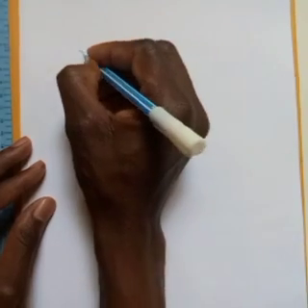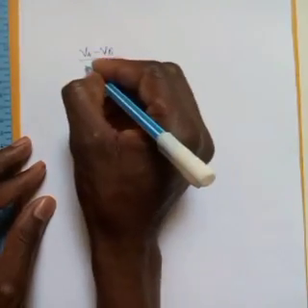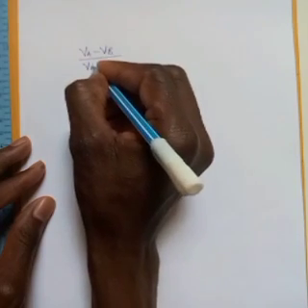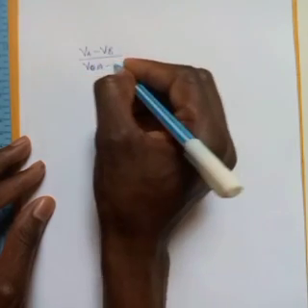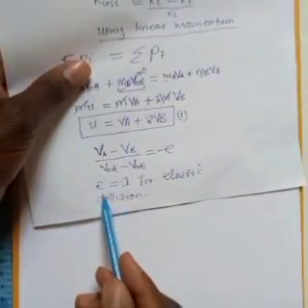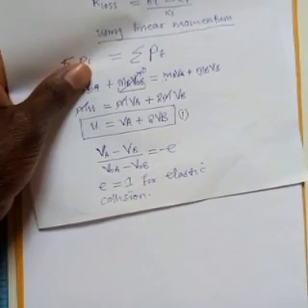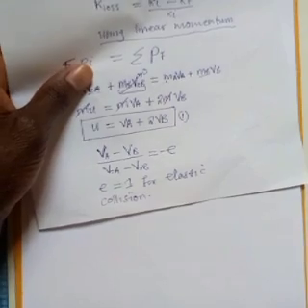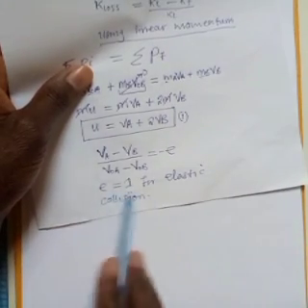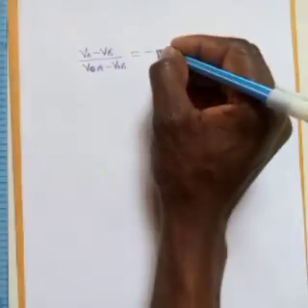So we are saying this has to be initial of A minus V initial of B, equal to negative E. Here the value of E has to be 1 if the type of collision is elastic. For inelastic, the value of E has to be equal to 0. So since we are dealing with elastic collision, like the question said, we are going to have -1 for coefficient of restitution.